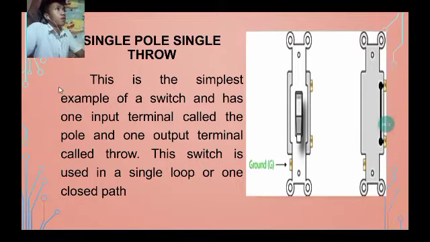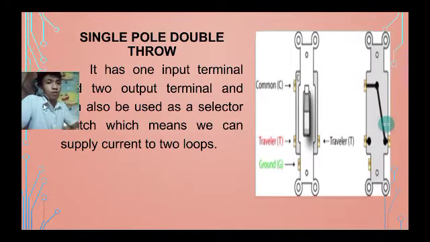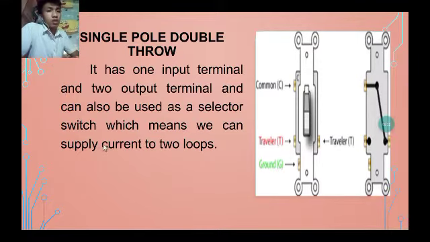Basically ito yung ginagamit sa mga lighting. Two connections lang ito, which is one input and one output. So next, single pole double throw. It has one input terminal and two output terminals, and can also be used as a selector switch, which means we can supply current to two loops.